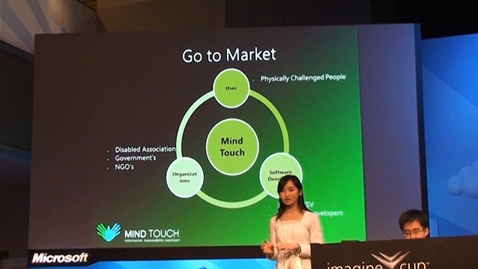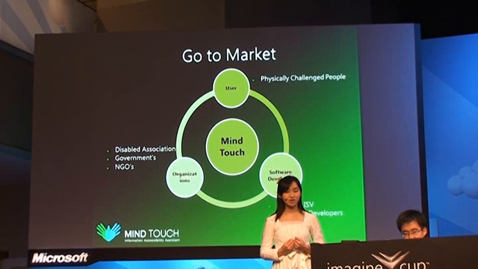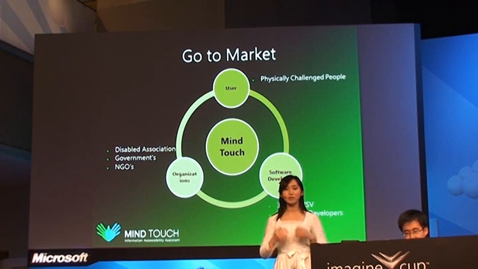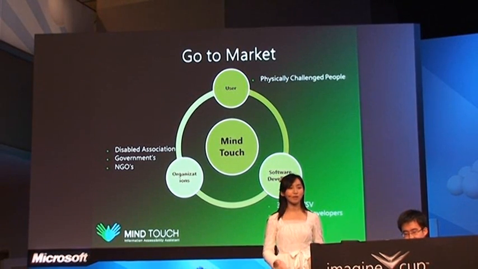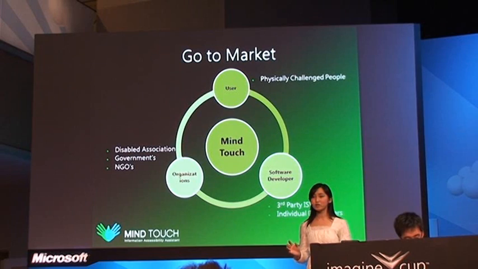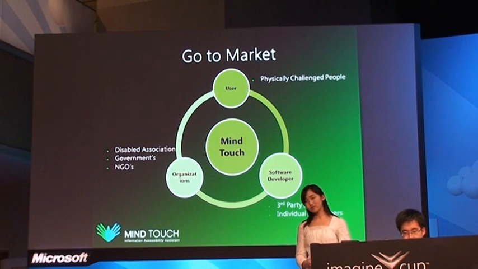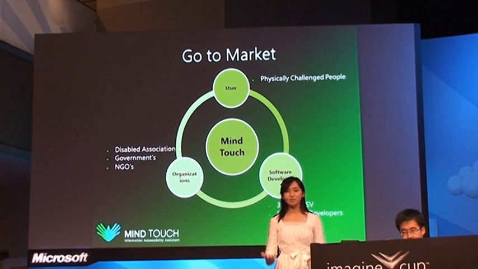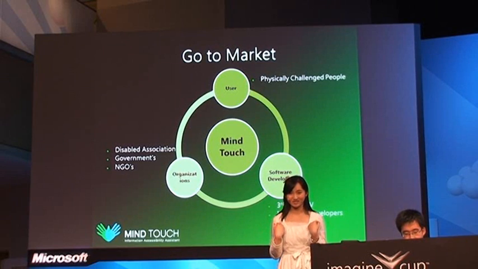We encourage more third-party developers to join us and use our SDK to develop more applications which can be put on our platform. So, the users will have a better user experience, and we will have them as our permanent users.